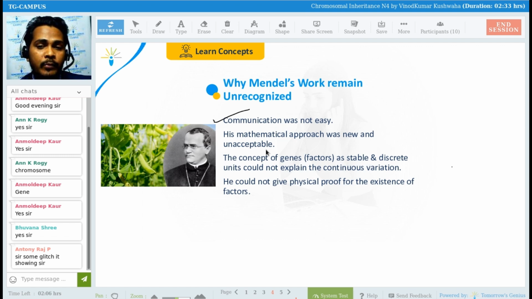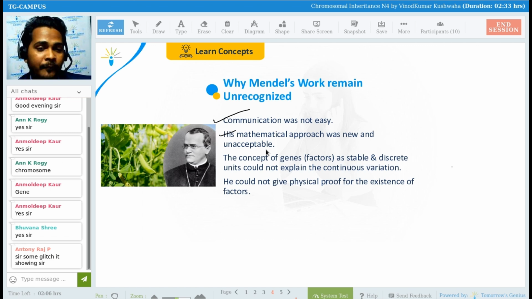Second, his mathematical approach was new and unacceptable because Mendel was not a biologist. He was a mathematician, so he used different mathematical approaches, knowledge, and formulas. But at that time, scientists were not going to accept these new approaches.